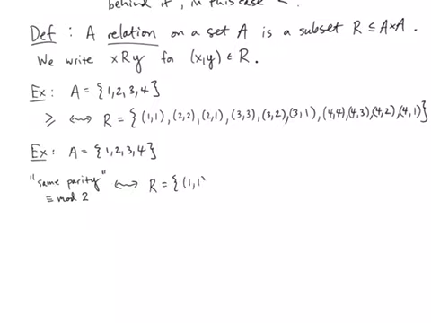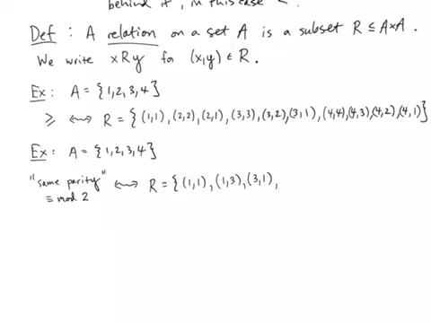So 1 and 1 have the same parity. 1 and 3 have the same parity. 3 and 1 have the same parity. So you have to be careful here that our elements here, they're ordered pairs, right? So 1, 3 is different than 3, 1. And so the order makes a difference. The order counts. So 1 has the same parity as 3, we should count that as different than saying that 3 has the same parity as 1.